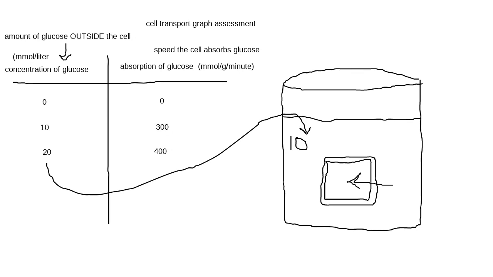What does the speed increase to? If you have 10 millimoles of glucose around the cell, outside the cell, yeah, it increases to 300. So this arrow over here, when it's 10, it increases to 300 millimoles of glucose per minute going in, right? So it's much faster when it goes up to 10.